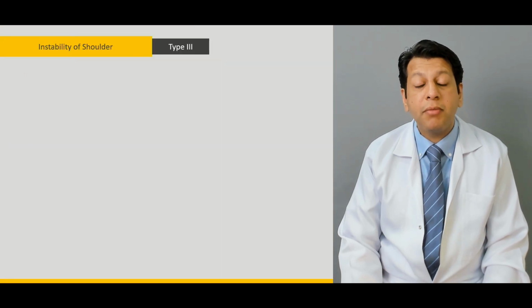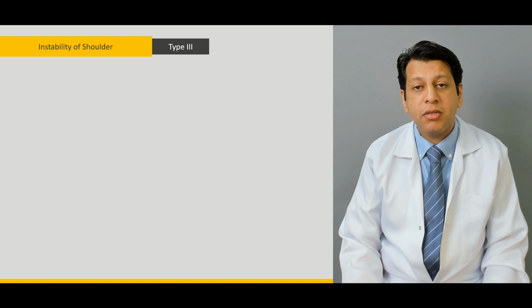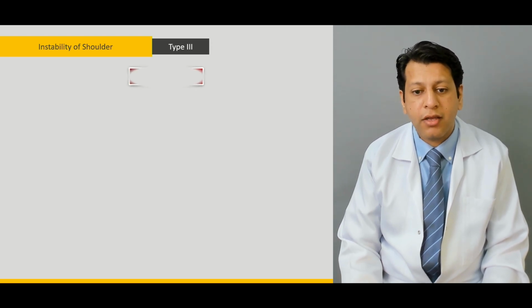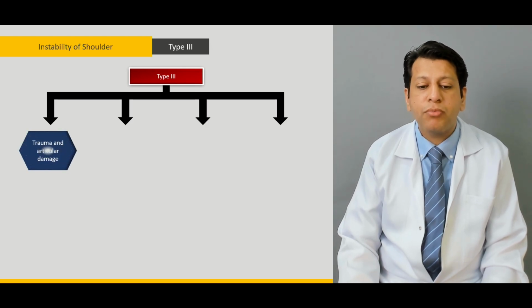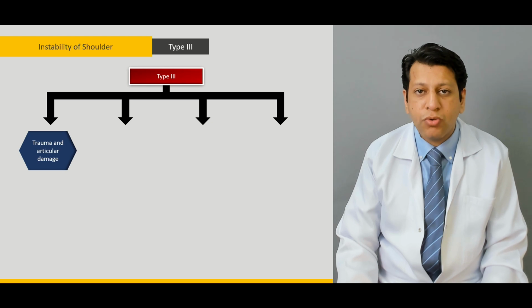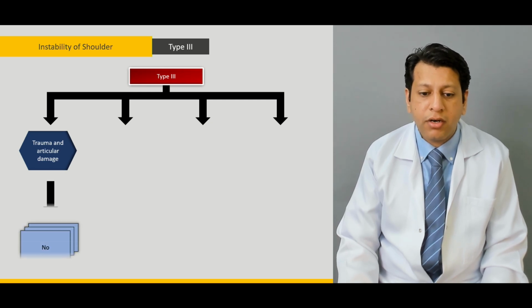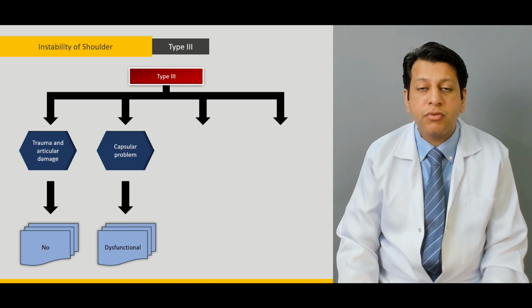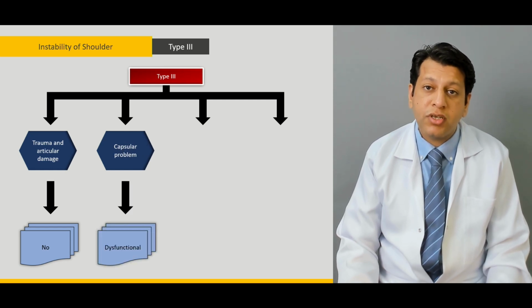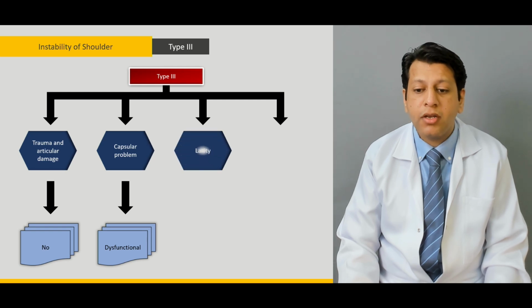Then comes type 3. Type 3 was the one in which the muscle patterning was abnormal, and it was non-structural and non-traumatic. In this case there is no associated history of trauma or articular damage. As far as the capsule is concerned, it is dysfunctional because of the dysplasias which may be associated with it.